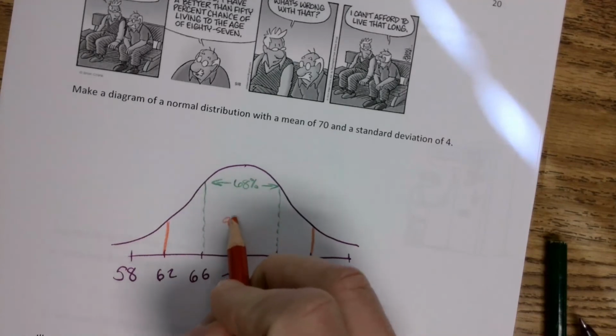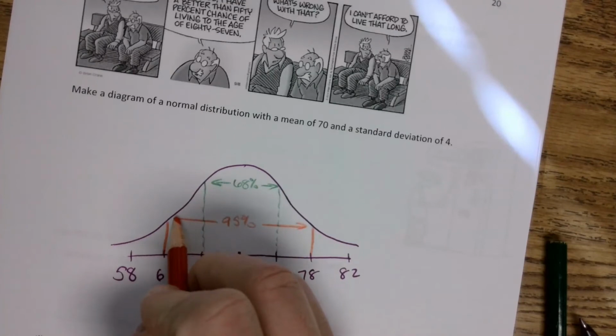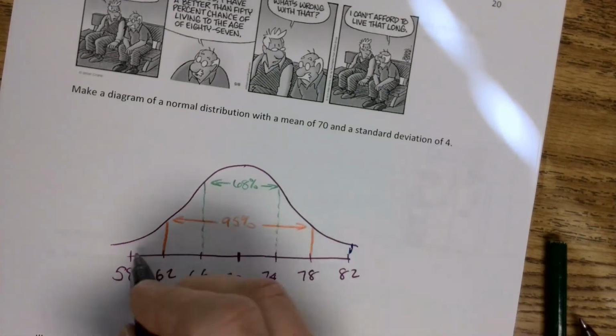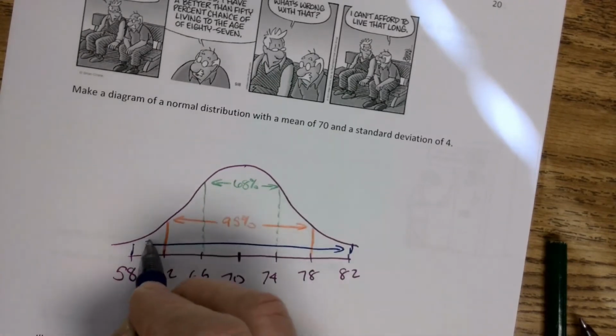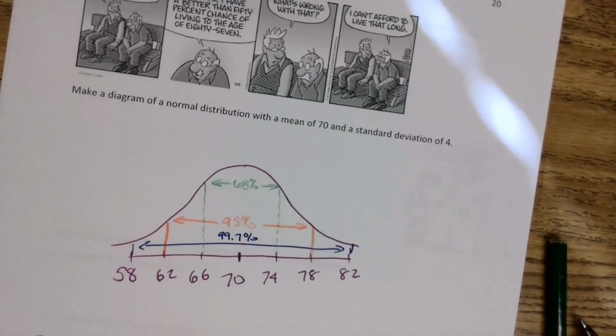That's 95%. Come up 3 standard deviations on each side. 99.7 is almost everyone.